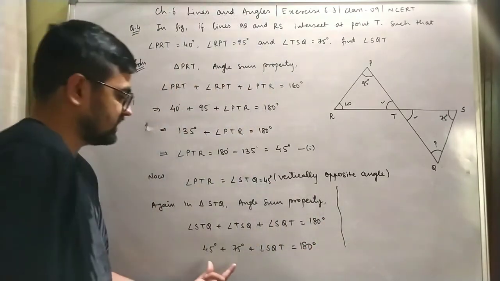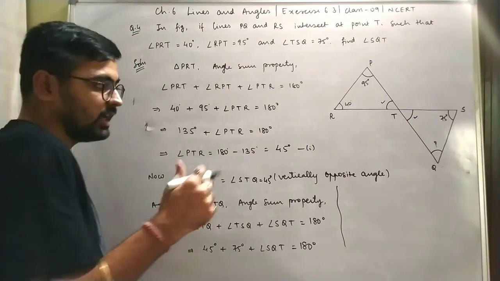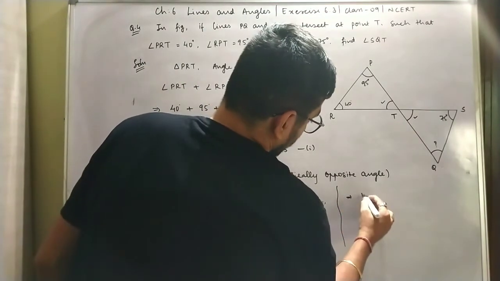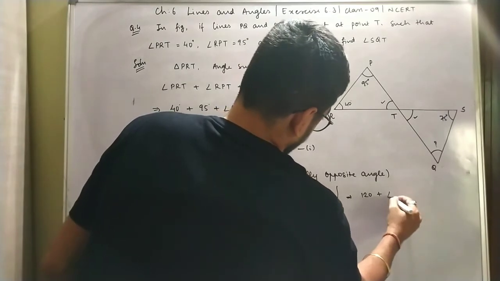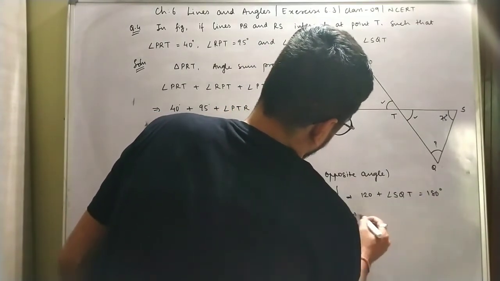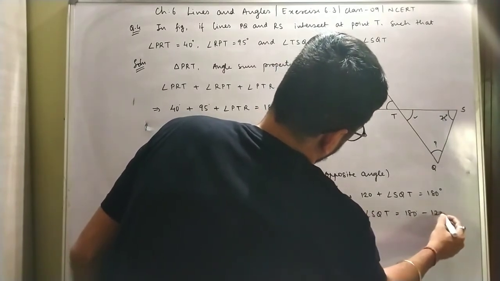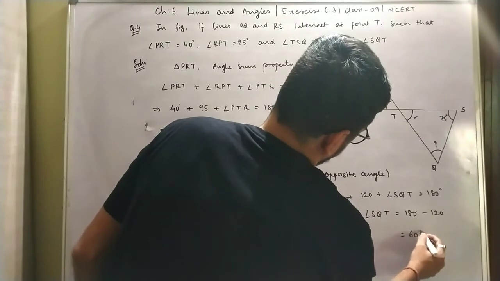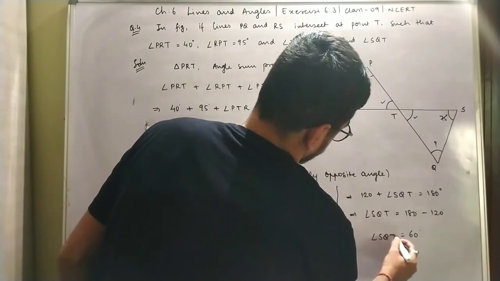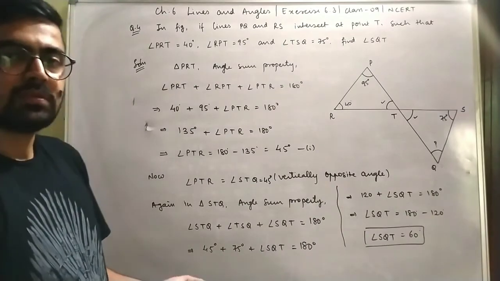Simple. So 75 plus 45 how much? 75 plus 5 is 80, 80 plus 40 is 120, plus angle SQT equals 180. So angle SQT equals 180 minus 120, which is 60 degrees. That is our answer. Am I clear?